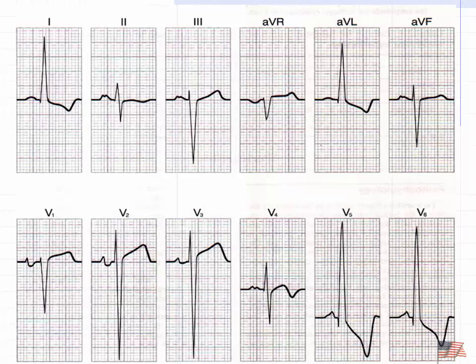No, we're not talking about what part of the heart. We're just saying what's the axis deviation. It's left. How did you determine that? Okay, lead 1 is right to left, it's going this way, but AVF says it's going this way, because it's a negative deflection.